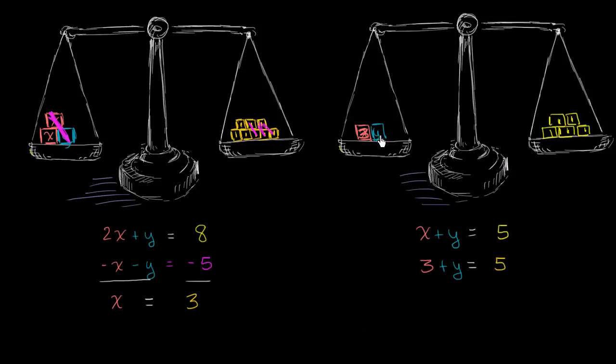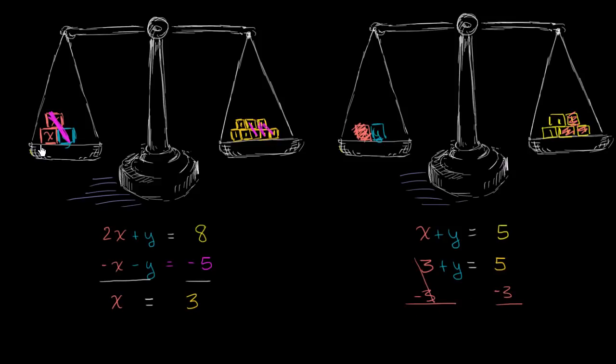Well, now we could take 3 away from both sides. If I take 3 away from the left-hand side, I just have to take 3 away from the right-hand side to keep my scale balanced. And I'll be left with the mass of y balanced with a mass of 2, or y is equal to 2. That's analogous to taking 3 from both sides of this equation.